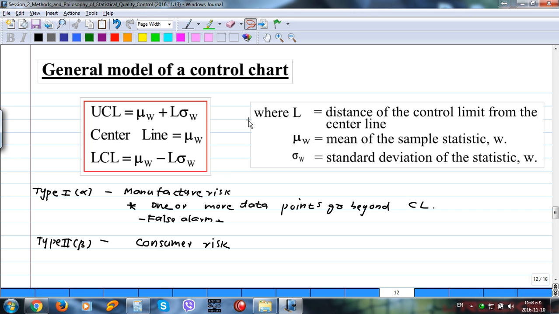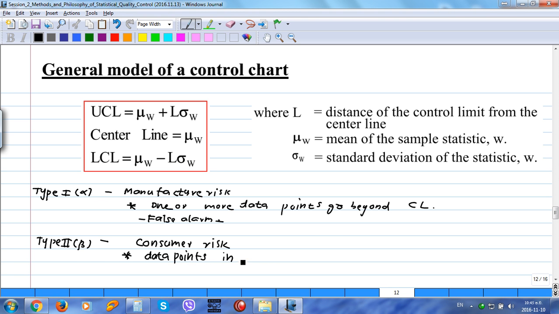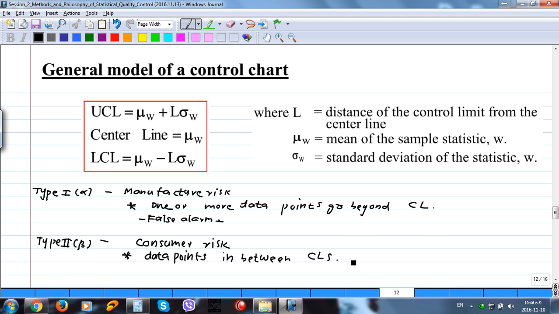It means that the data points are in between the control limits, so the false alarms can't be identified in between control limits, but the process is out of control, and this can then be identified by the consumers.